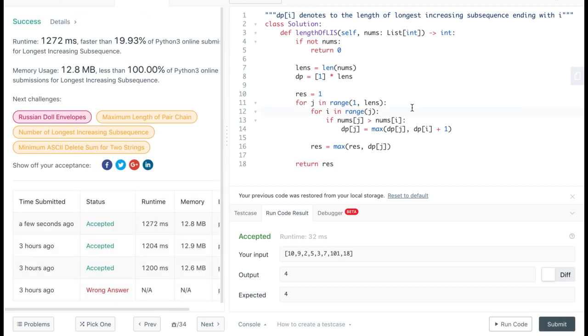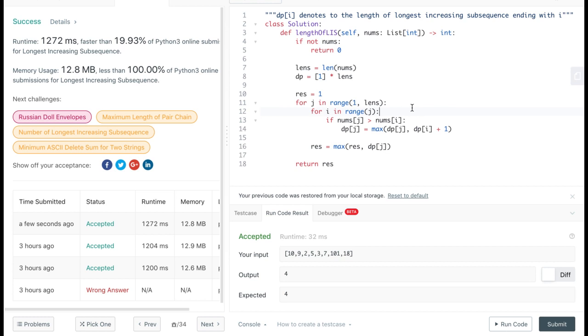Okay, good. So we may want to ask: what's the time complexity? The time complexity is O(n squared) because we have two for loops. What about the space complexity? The space complexity is O(n) because we need to define an array to store all the possible longest lengths for each element.